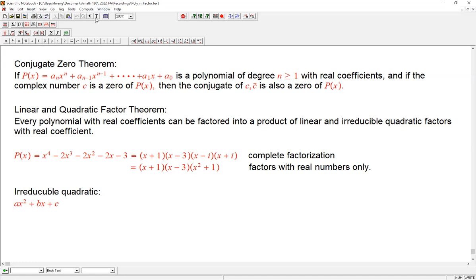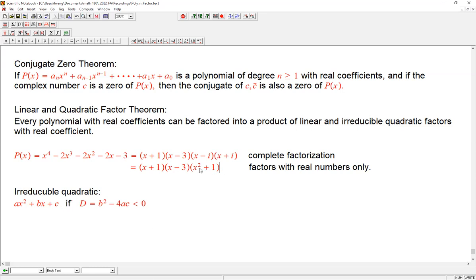We know that there's a discriminant, right? Discriminant is b squared minus 4ac. Okay, b squared minus 4ac could be positive, 0, or negative. If it is negative, that is called irreducible quadratic.